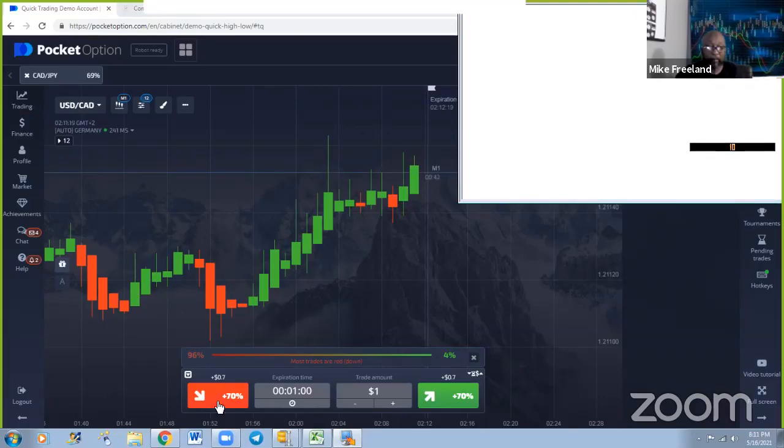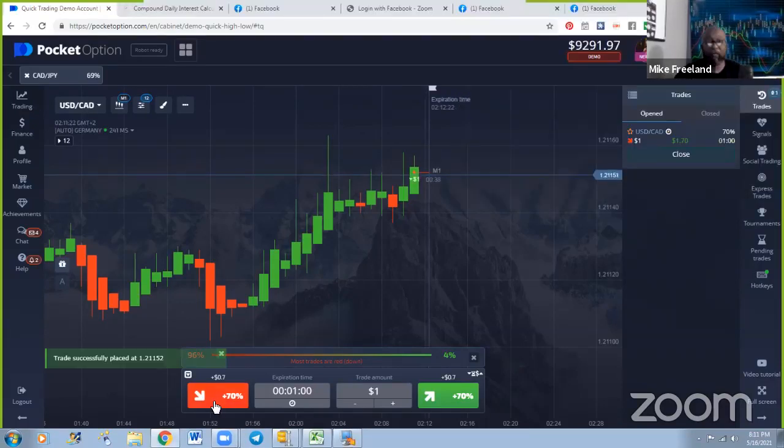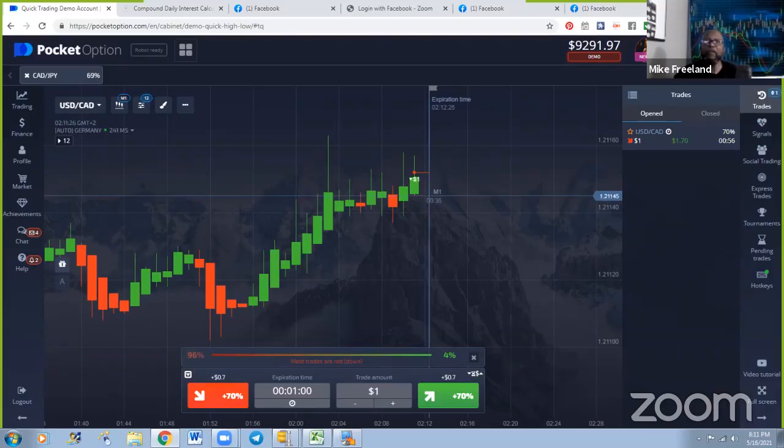Let's do a put. Might be a little late on this one because it freezes. This is the only reason that I keep it off the screen, because when it is on the screen, as you see, it freezes and everything. So if you have two monitors, it's best to keep it off the monitor that you're actually trading on. And all you do is, like I do, look up, look down, and boom, you'll be pretty set.